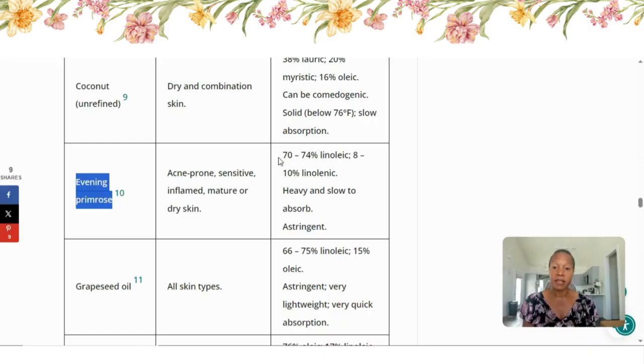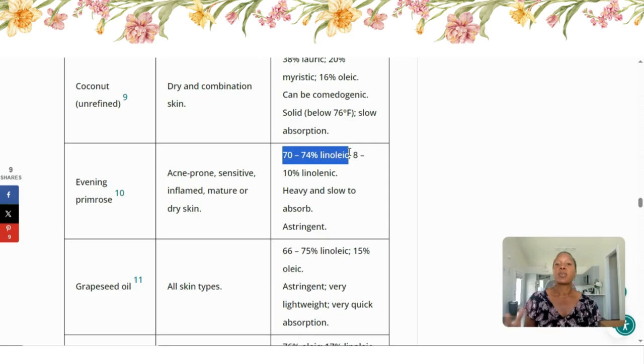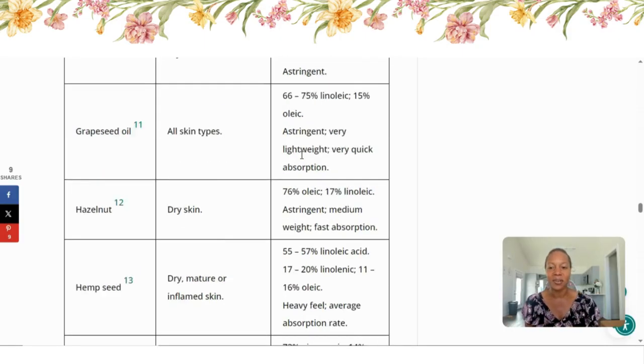It's very high in linoleic acid, 70 to 74% in general. That's the one where I said people who have inflammatory skin conditions tend to produce sebum that is low in linoleic acid. So it could be quite nutritive, quite nourishing, and potentially quite healing for somebody who has inflammatory skin conditions. But just keep in mind that it is, from my experience, a heavier oil.